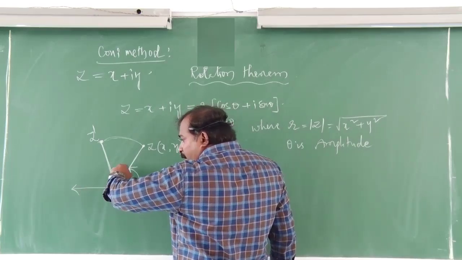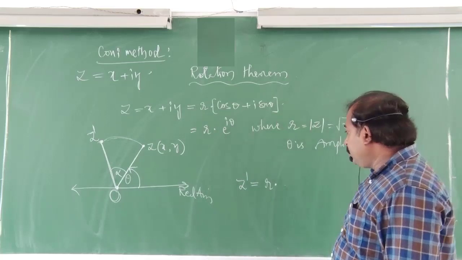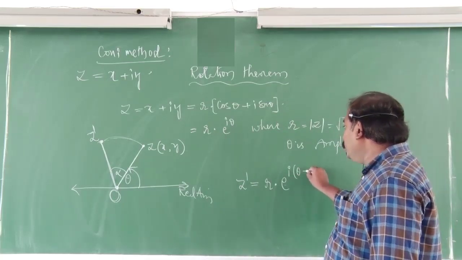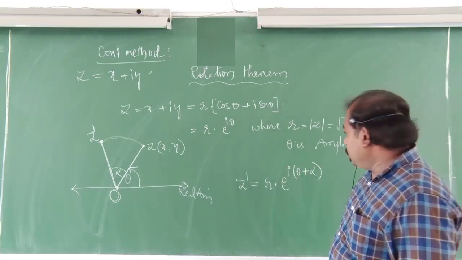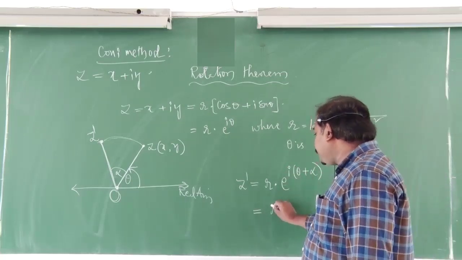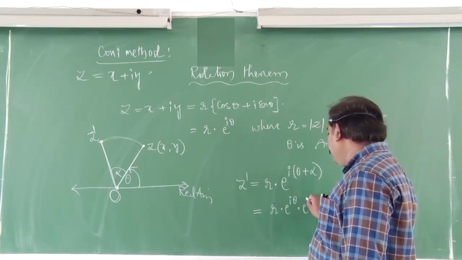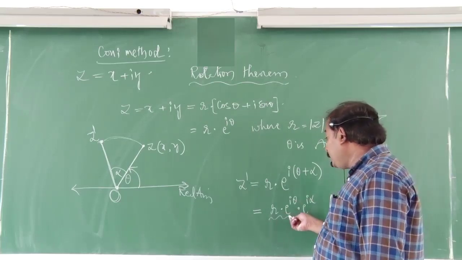So theta plus alpha. So how can I represent that complex number z dash is equal to r into e power i into theta plus alpha. Then this whole value can be written as r into e power i theta into e power i alpha. But what is r into e power i theta?